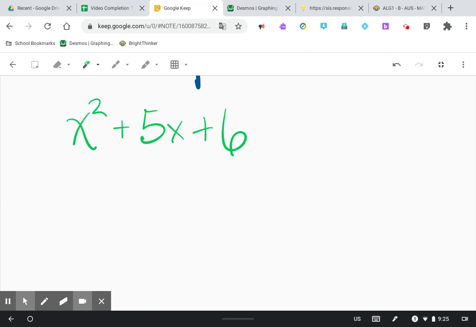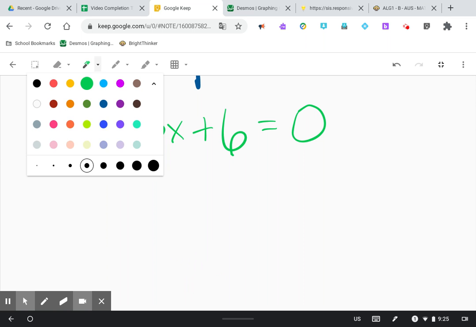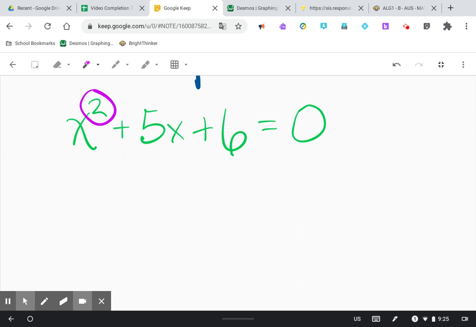When I'm dealing with a quadratic function, I cannot solve this using basic algebra. I can't subtract 6 and rearrange this to get x by itself. It won't work that way, mainly because of this 2, the second degree.